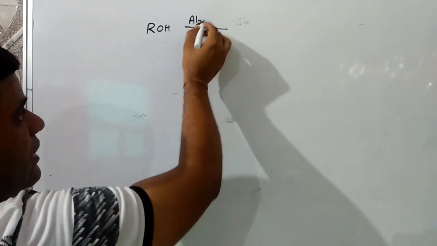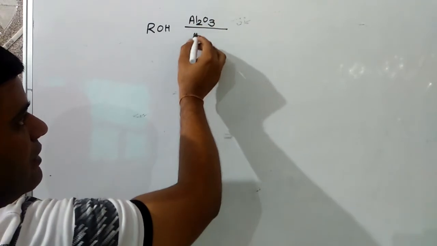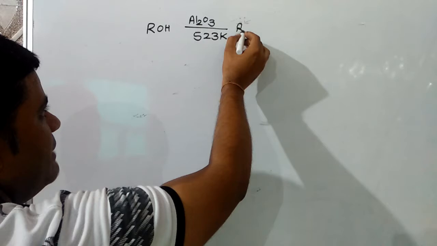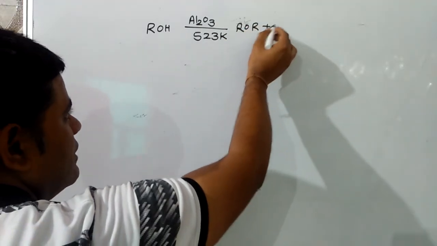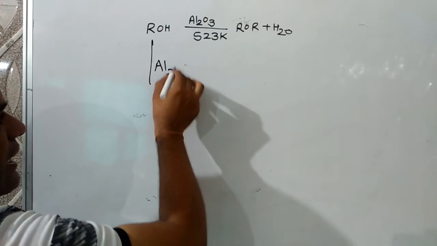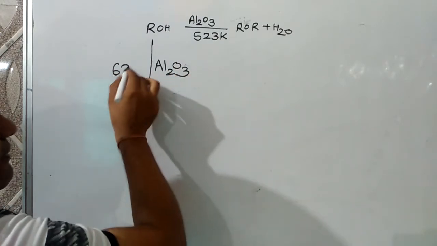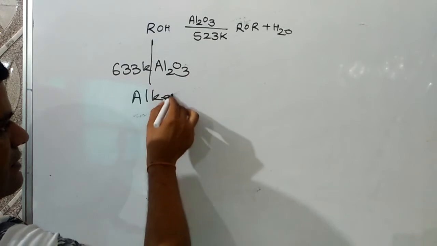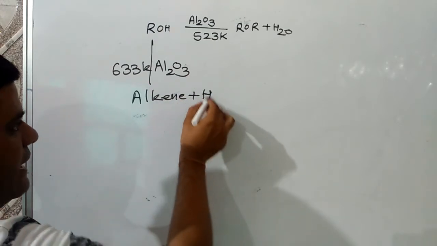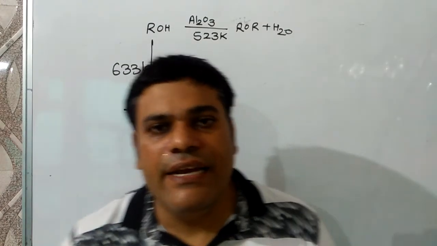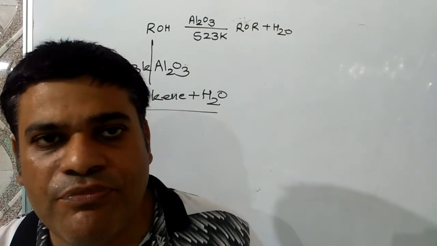If an alcohol is heated at 523 Kelvin, then the product formed will be ether plus water. But if it is heated with Al2O3 at 633 Kelvin, then the product formed will be alkene, and water is removed.